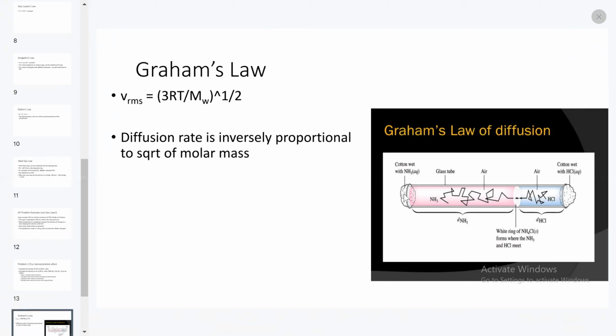When these two gases react, we get a white solid, ammonium chloride. You can see a ring of white salt form somewhere in the middle of the tube. It turns out that the distance to the ammonia side is longer than the distance to the HCl side, because the ammonia moves faster. Okay?